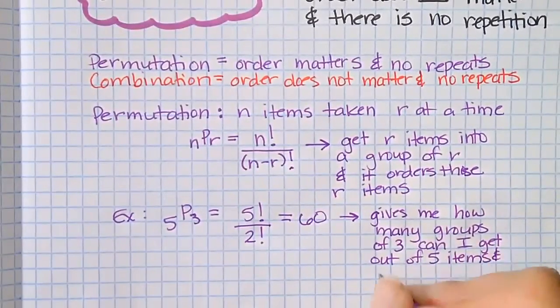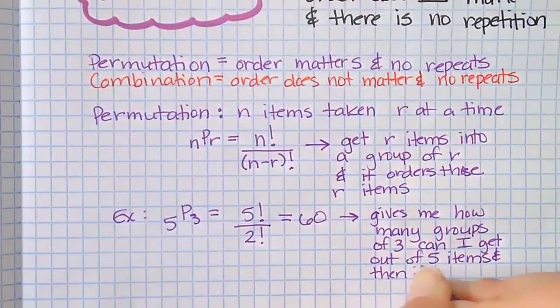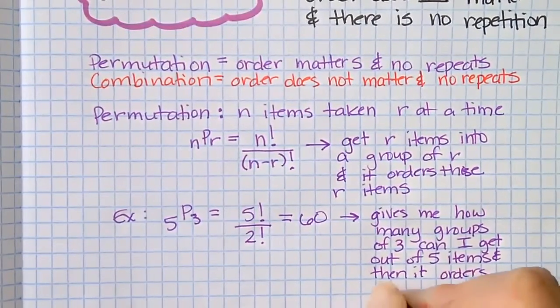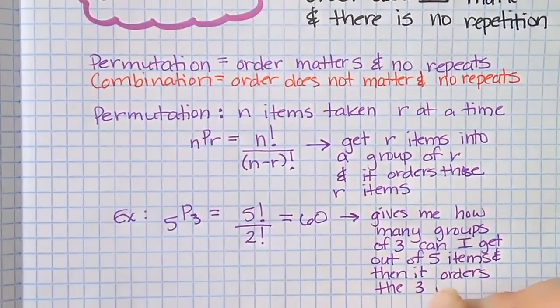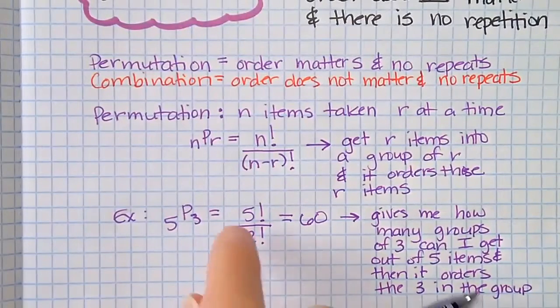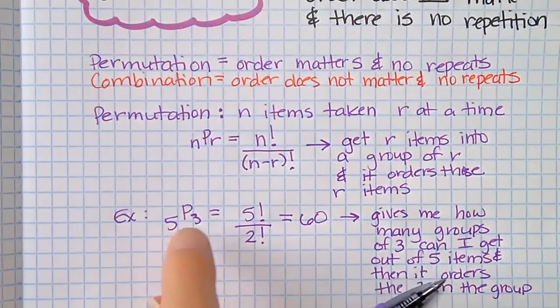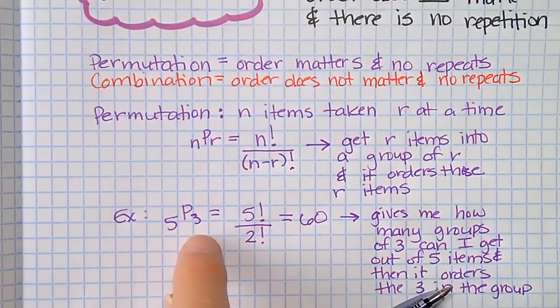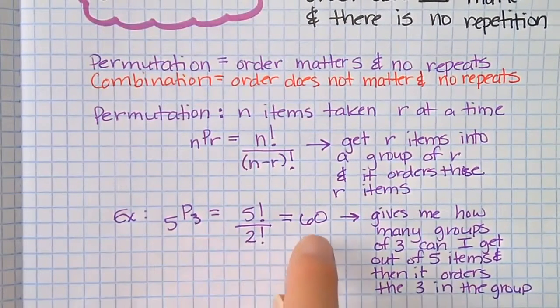Okay, and then it orders those 3 in the group. So it's going to take from 5, get them into groups of 3 and then order those 3 items in the group. And that would be 60 different ways that that can happen.